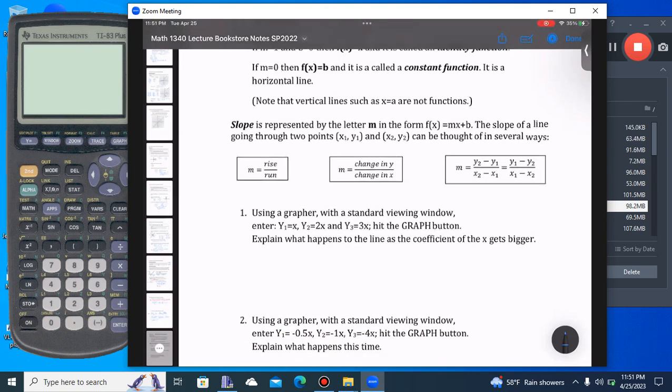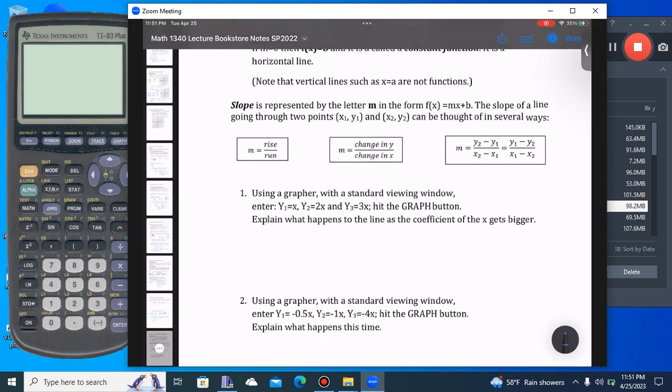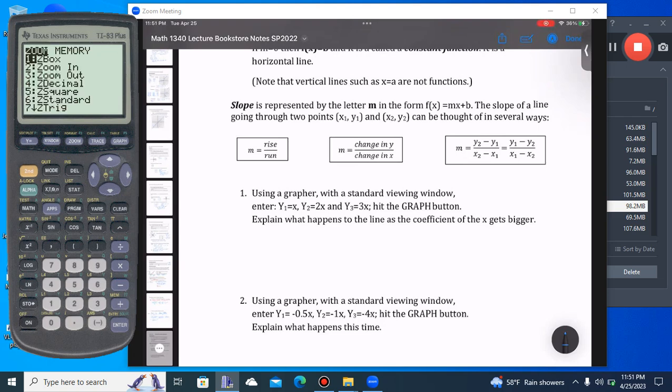Let's look at some graphs here for linear functions. We've got y equals x, y equals 2x, and y equals 3x. For y equals x is your first line. 2x gets steeper, and 3x is even steeper.